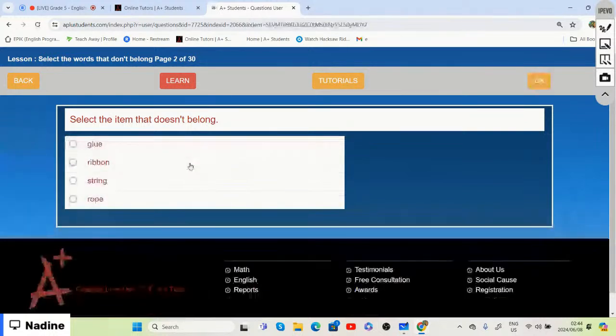Then we have to select the items that don't belong. We have glue, ribbon, string, rope. We need to select the item that doesn't belong. Is it glue, ribbon, string, rope?